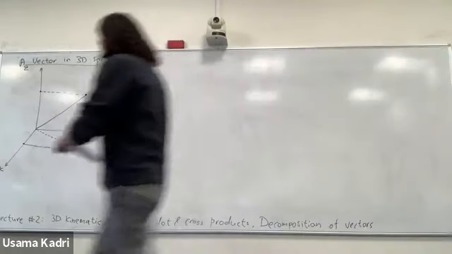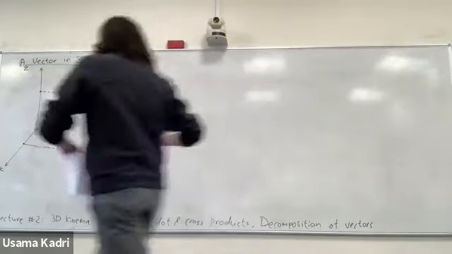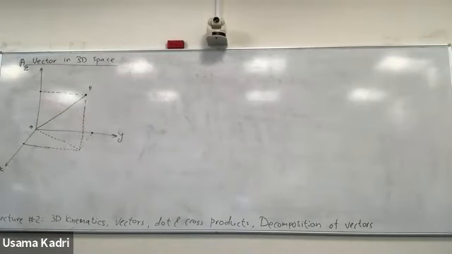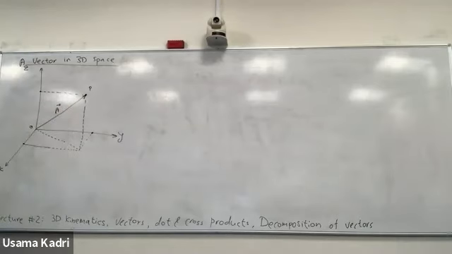So my vector goes from the origin, let's call it O, to point P. This is my vector, and this is vector A. I decompose it. Now I can look at the projection of the vector on the x-axis. On the x-axis, this is what I will see. And I'm going to call this AX.